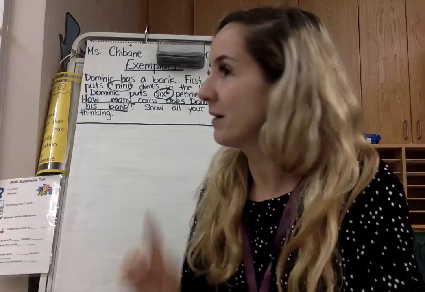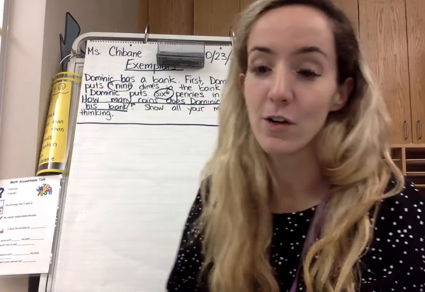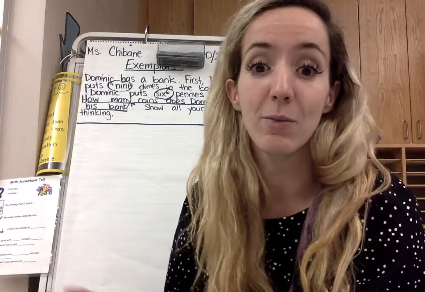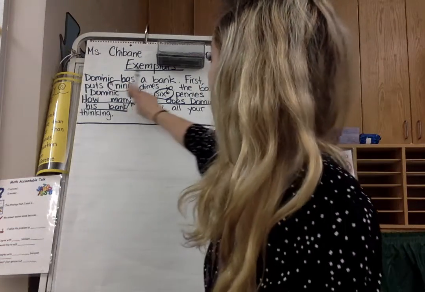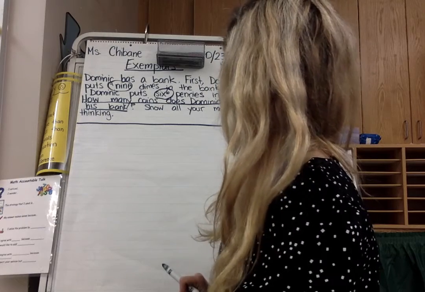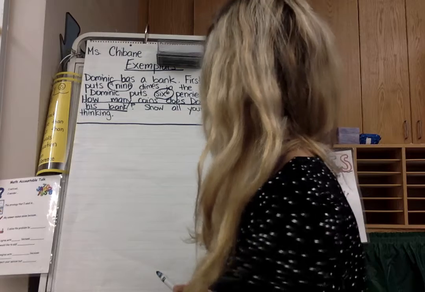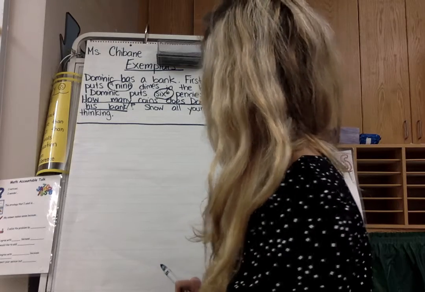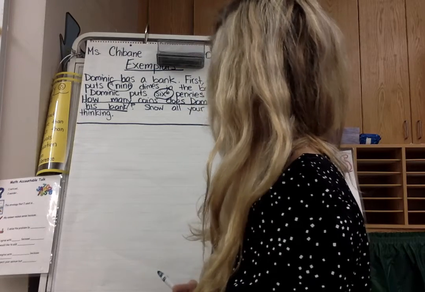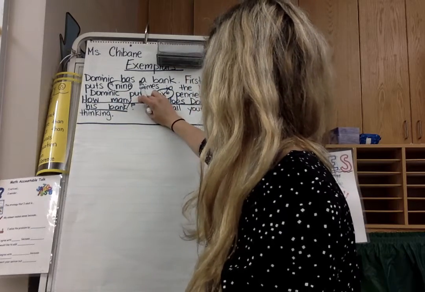Okay, let's reread it to box my math keywords, because remember, the math keywords are what help us decide what kind of math we need to do. Dominic has a bank. First, Dominic puts 9 dimes in the bank. Next, Dominic puts 6 pennies in the bank. How many coins does Dominic put in his bank? So, let's see.